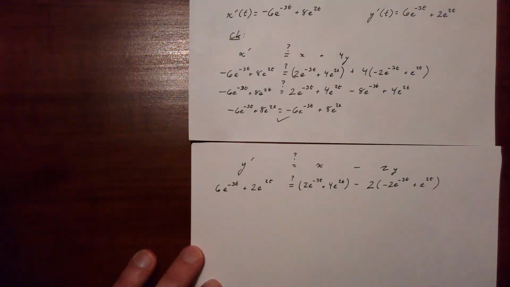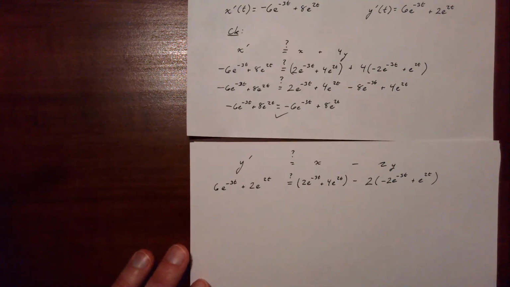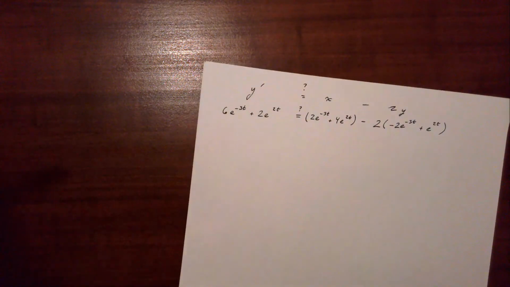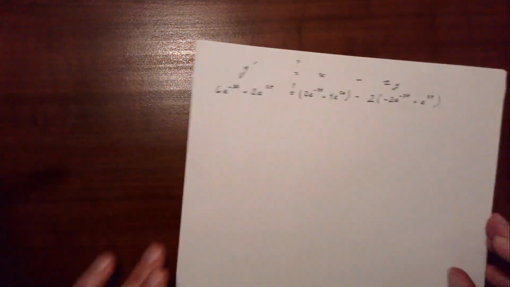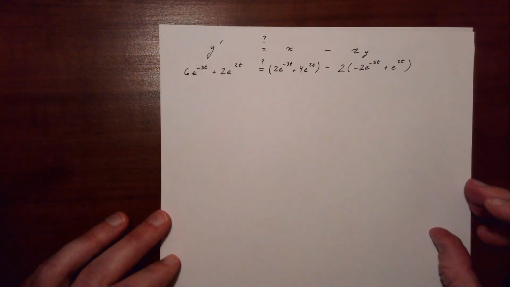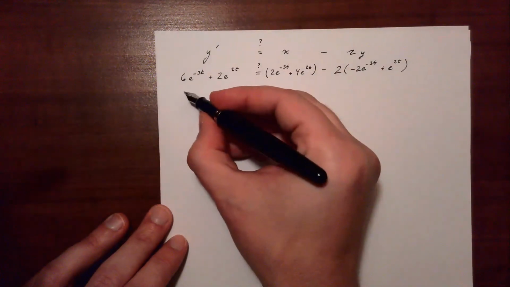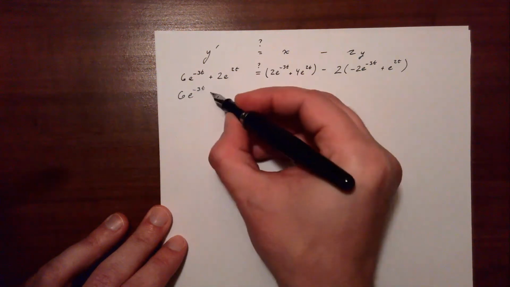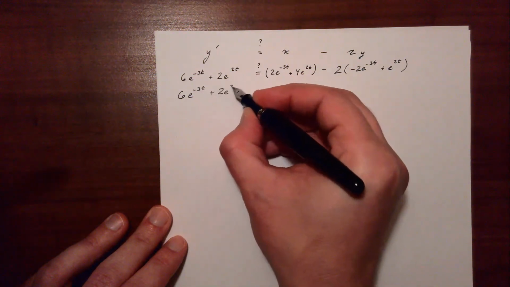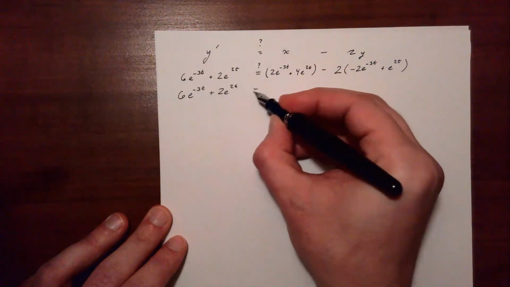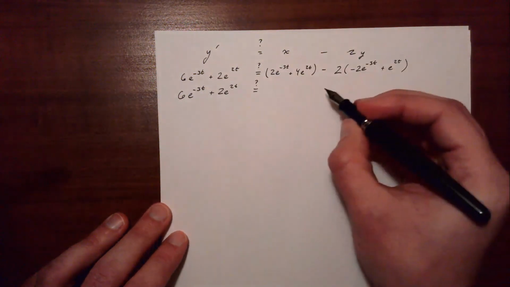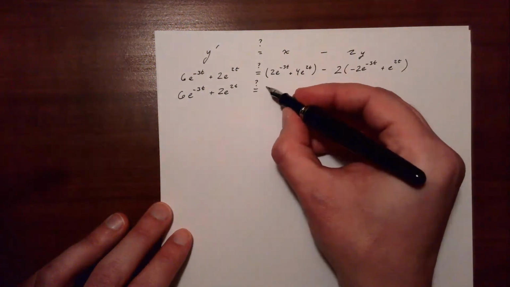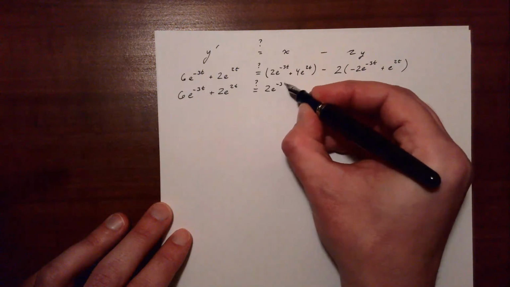And again, where this solution came from, that is a matter that we will be learning about later. But for now, we're just checking a proposed solution to see if it fits the bill. And so we get this, and then this is just 2e to the negative 3t.